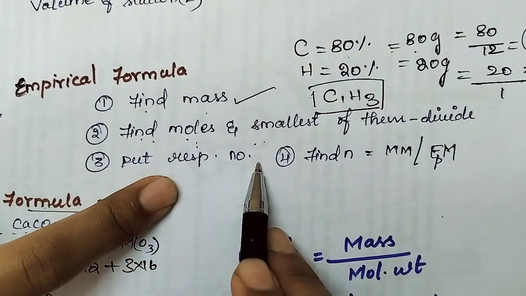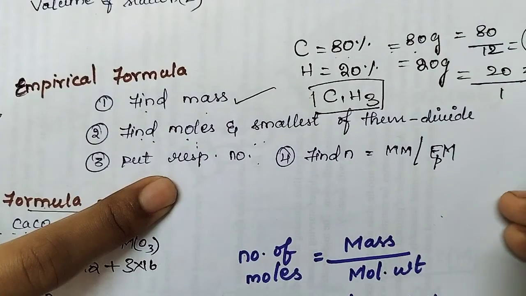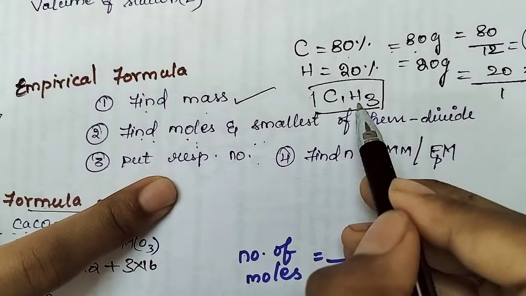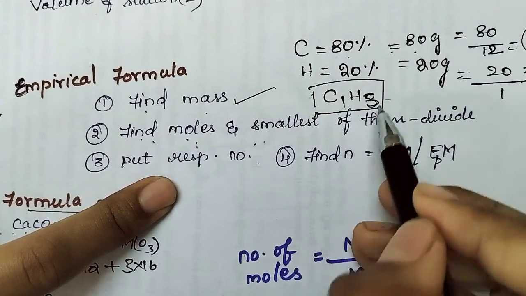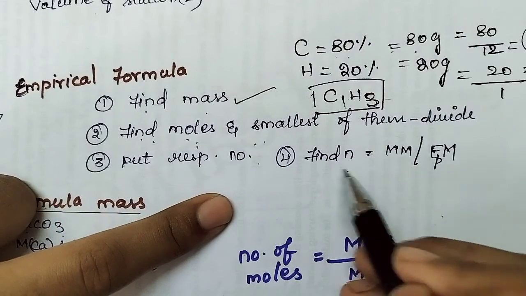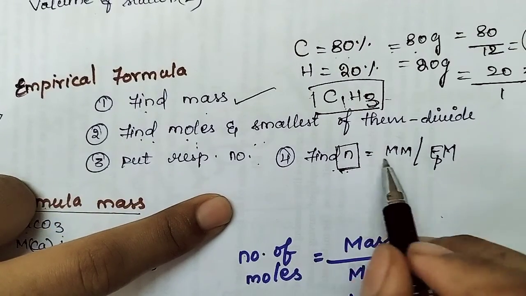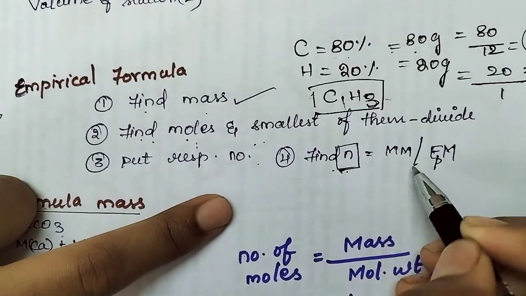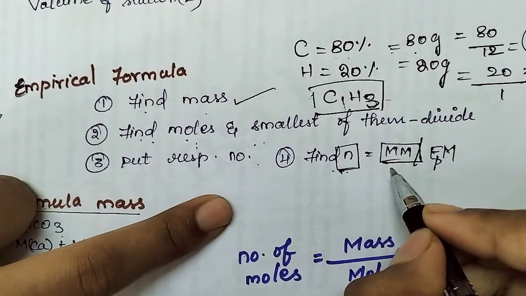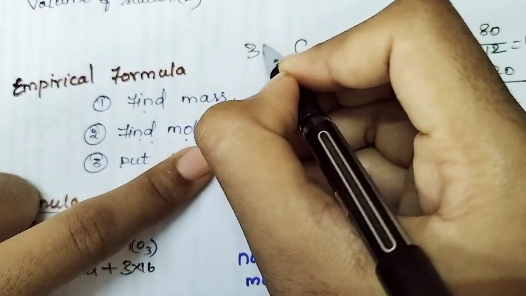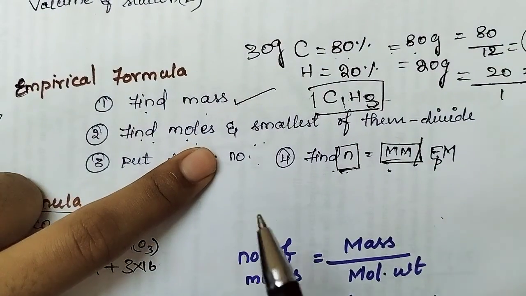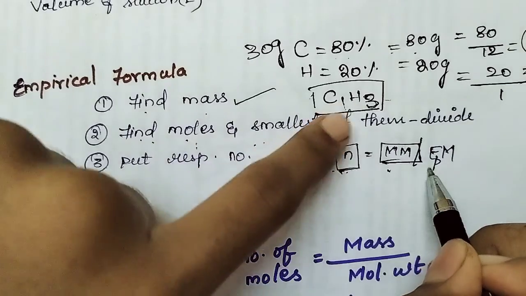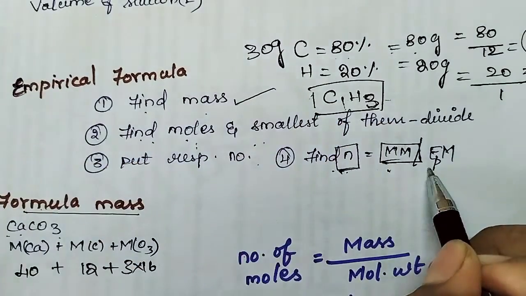Put the respective numbers, that is, if you divide by the smallest ratio, then the respective number should be put with them, and find the n. How to find n means it will be given in the question. If the molecular mass is given as 30 gram, then we have to calculate the empirical mass.